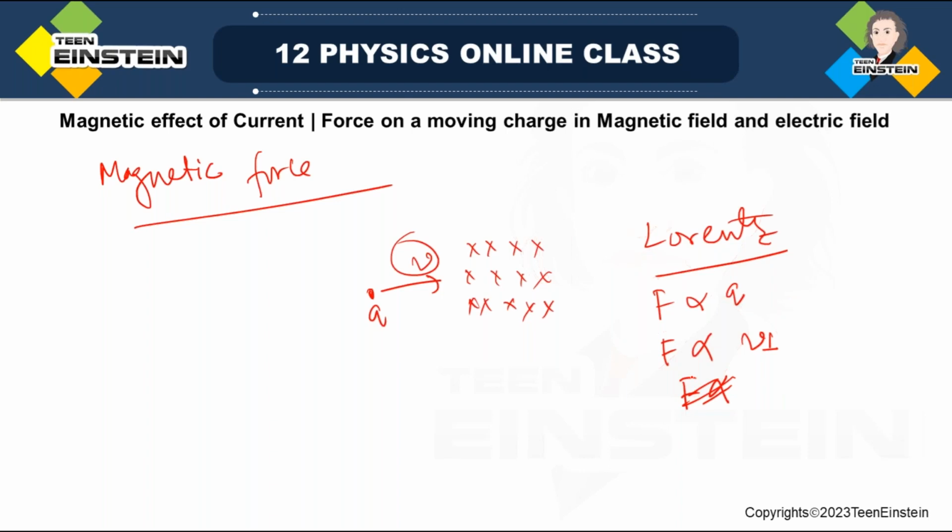So this is v sine theta. Now it is written as F is equal to q into v cross B, or q v B sine theta.